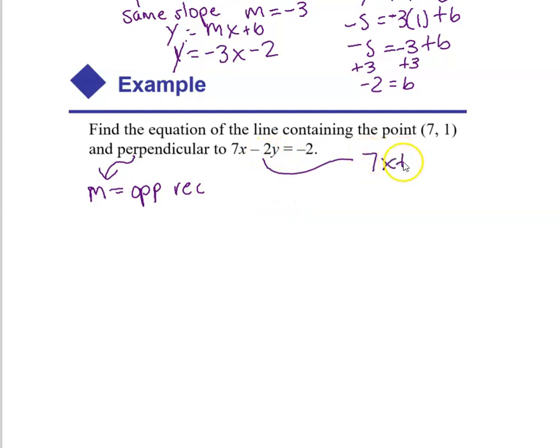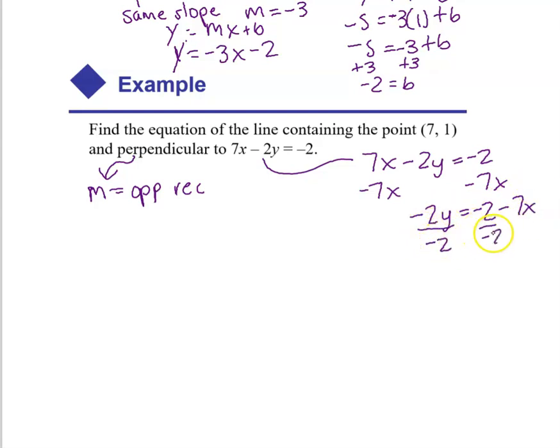To find the slope, the best thing you can do is to move it around so that you've got y equals. So we're going to subtract 7x. So negative 2y is equal to negative 2 minus 7x.